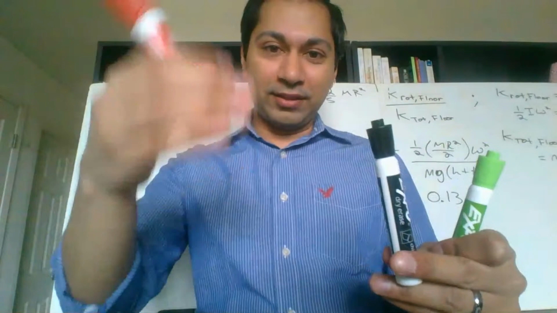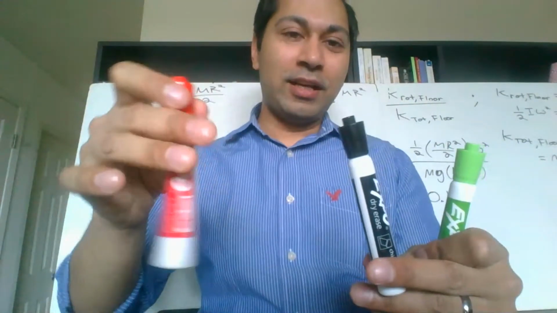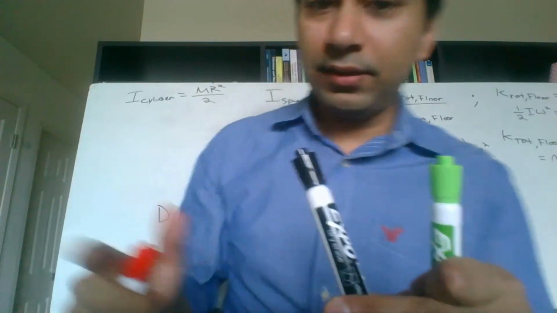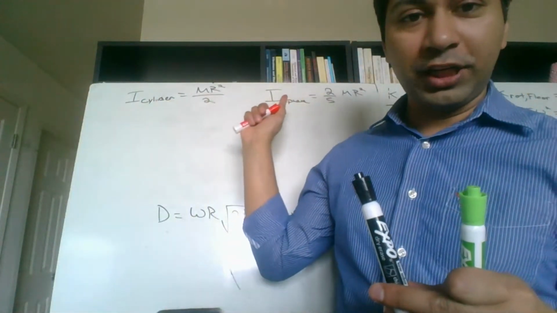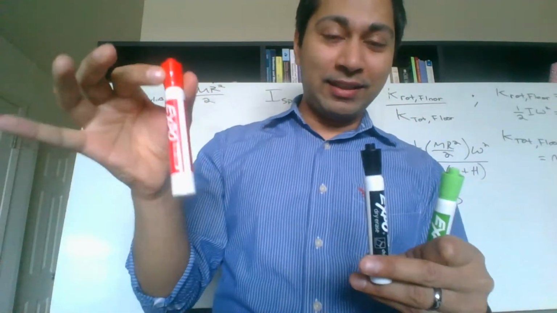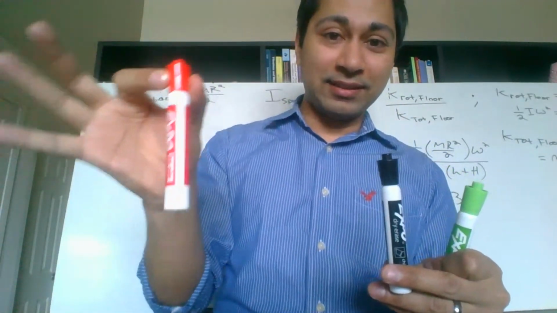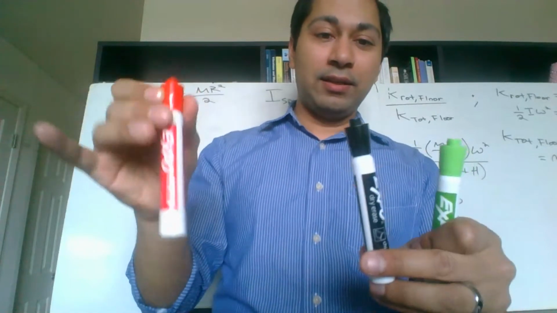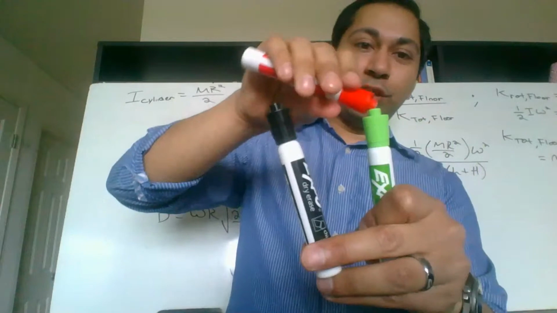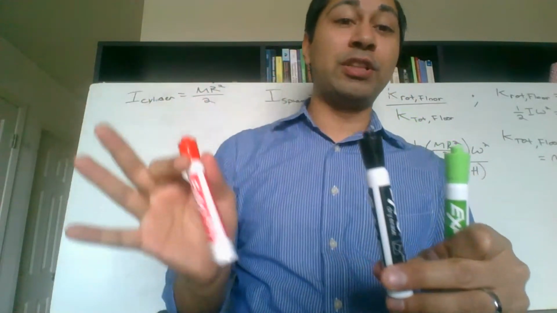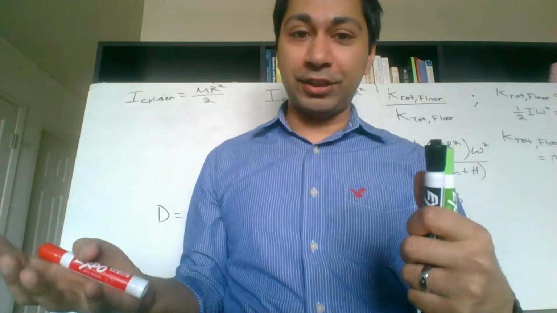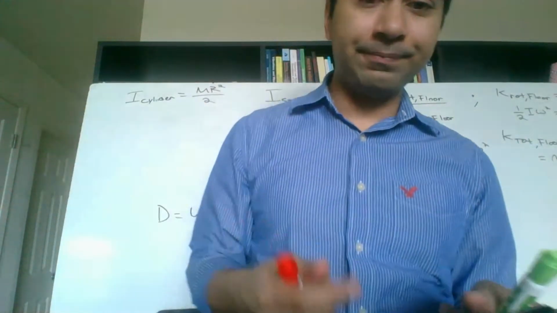How much you allocate into here and here will depend on what the shape is. But the red pen, however much you started with, it doesn't matter. It's going to be the same value no matter what. It's when this thing changes to this, then the amount that you can pour into here versus here is going to be different. But together, they'll always have the same total energy. That's how you want to think about it.